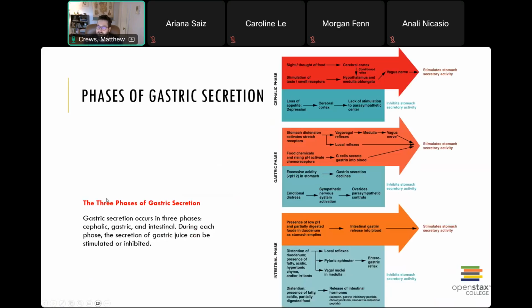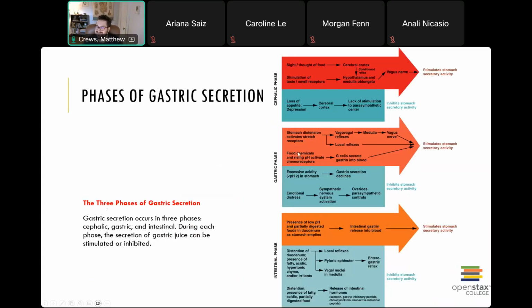That's it for that. All right, so there are three phases of gastric secretion: the cephalic, the gastric, and intestinal phases. During those phases, you can inhibit or stimulate secretion of different gastric juices. Juices are probably chemicals or enzymes, which would be a better word.